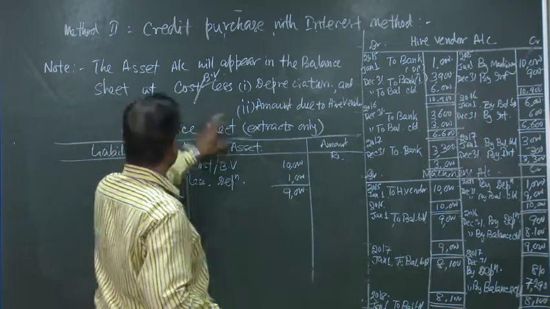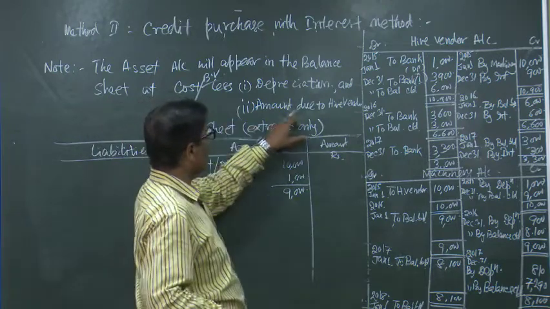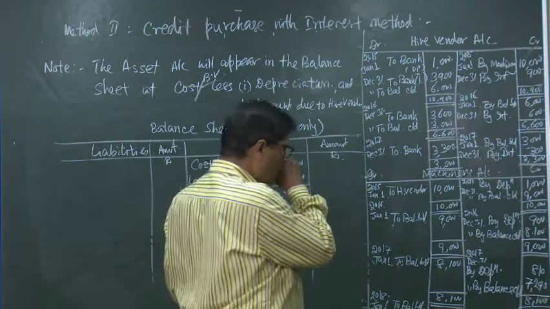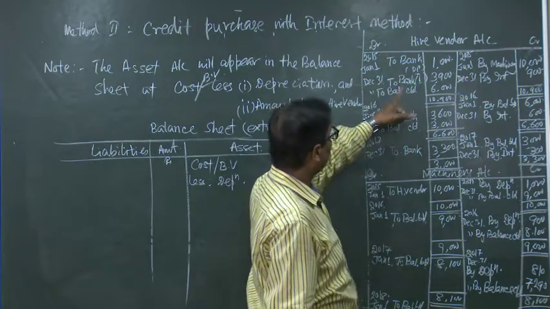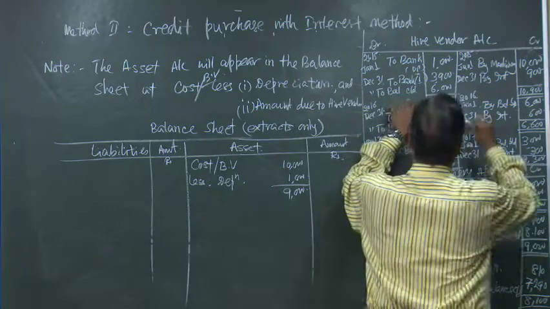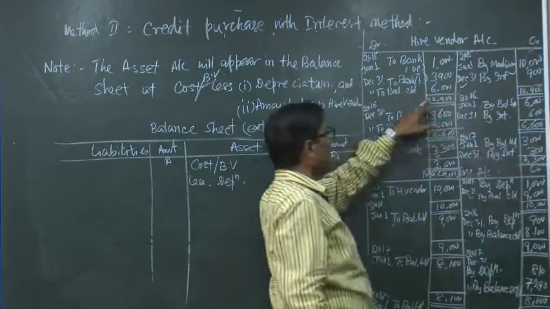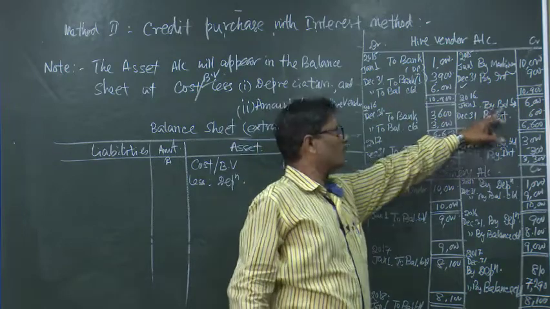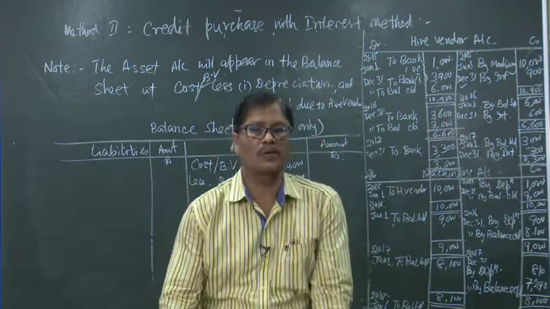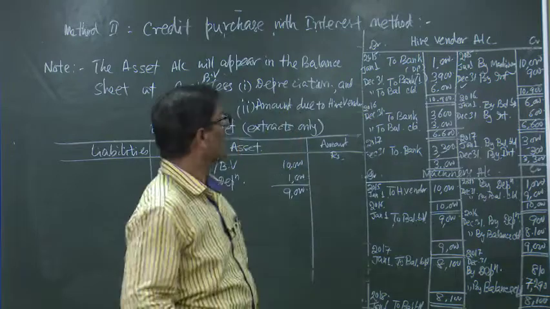From 9,000 again we have to deduct the amount due to the hire vendor. What is the amount due to the hire vendor? Let us see the hire vendor account. Hire vendor account is having a balance of 6,000 at the end of the first year, balance carried down, balance brought down. That means that is the amount owing to the hire vendor.